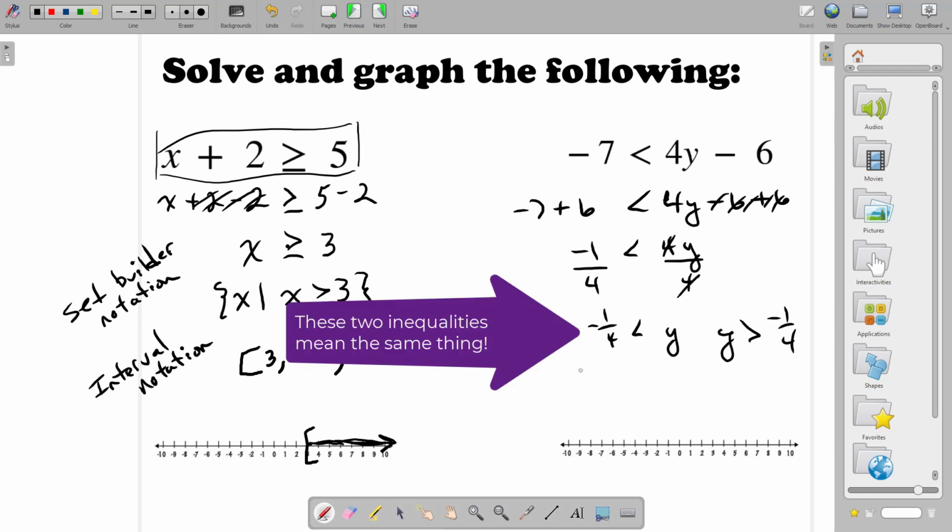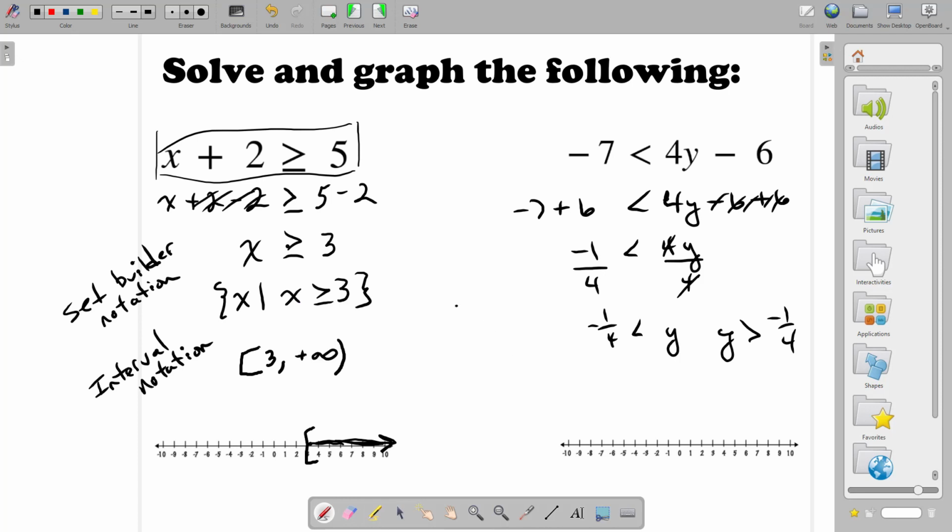Okay, in set builder notation, this would be written the set of all y such that y is greater than negative 1/4. Let's graph it. Negative 1/4 is going to be roughly right here, but since we're not including negative 1/4, that should be an open circle. Let's draw that a little better.